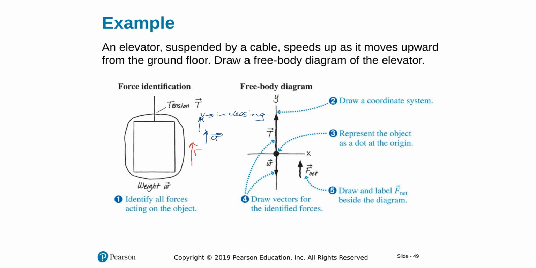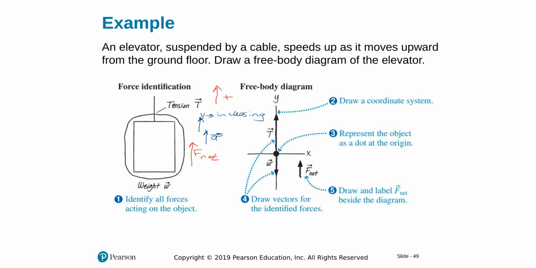So F net is also upward. F net is upward. Another reminder for this section: if F net is upward, A is upward, because they're always in the same direction, our positive direction will be up.